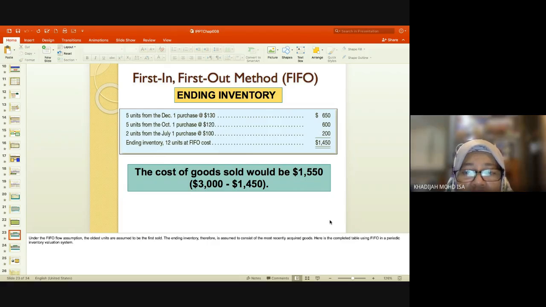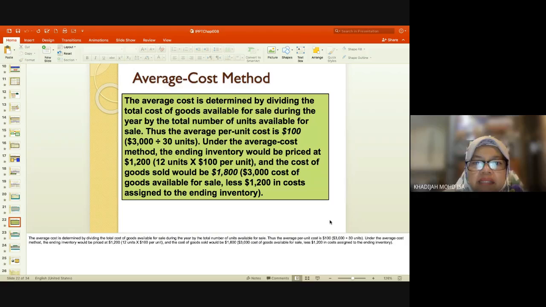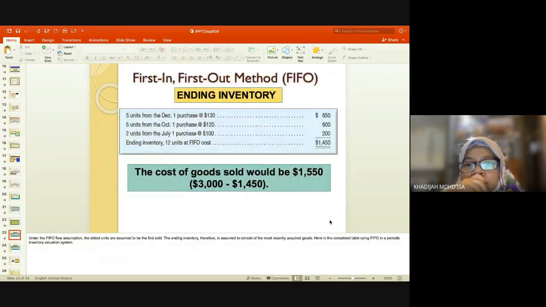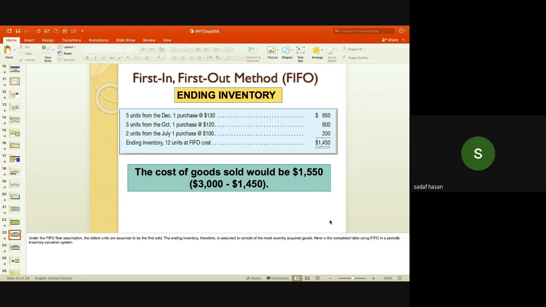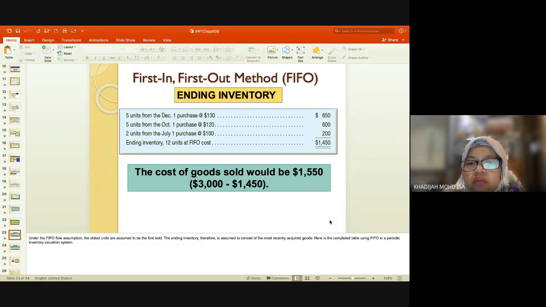You do stock take and you find out, okay, this is my inventory. So this is your closing balance, 1450. You have your closing balance, then you must know what is your opening balance. Where does COGS come from? This is your closing stock, so it has the information.